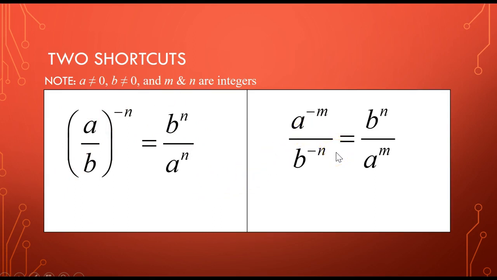Another shortcut is to recognize that even if you have two different bases with two different powers, if both of those powers are negative, you are finding the reciprocal of each. Now again, these are two shortcuts not required to memorize as the other rules of exponents, but keeping them in mind can make your work go a little bit faster.